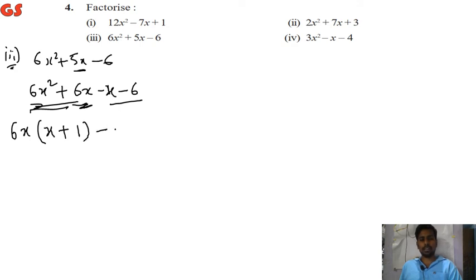Minus is common, so minus 1 you take outside, so inside you have only x plus 6. Okay, x plus 6, but you are getting that these two are different values. So you can't take this factor.